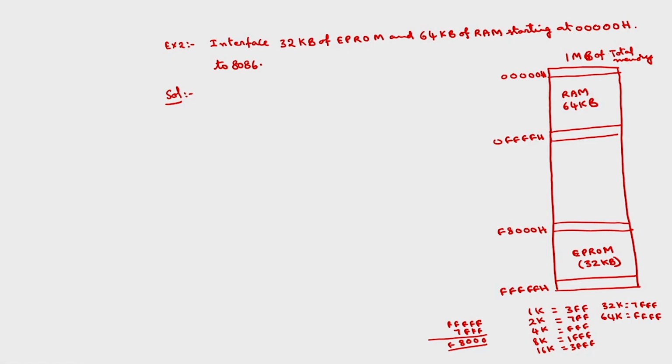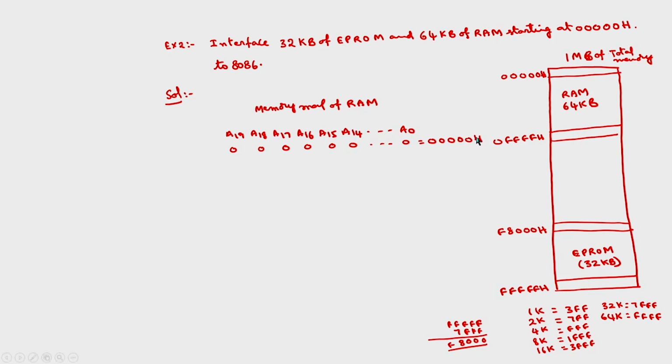Now in order to connect this, again we have to draw the memory map. So what is the memory map of the RAM? A19, A18, A17, A16, A15, A14, and so on up to A0. The starting address, all zeros, is 00000H.